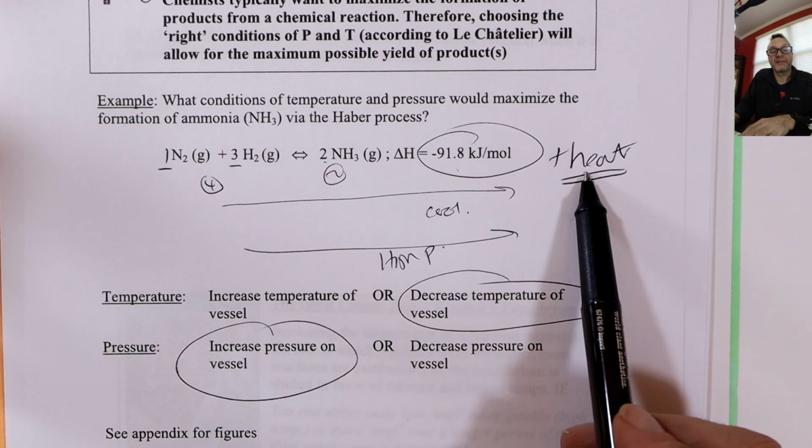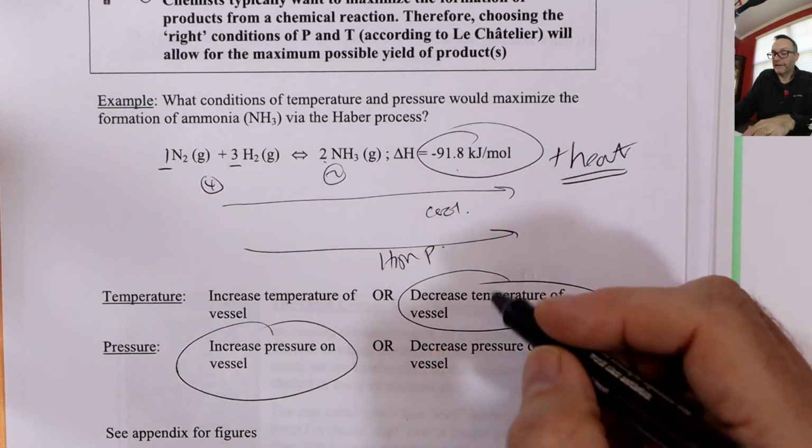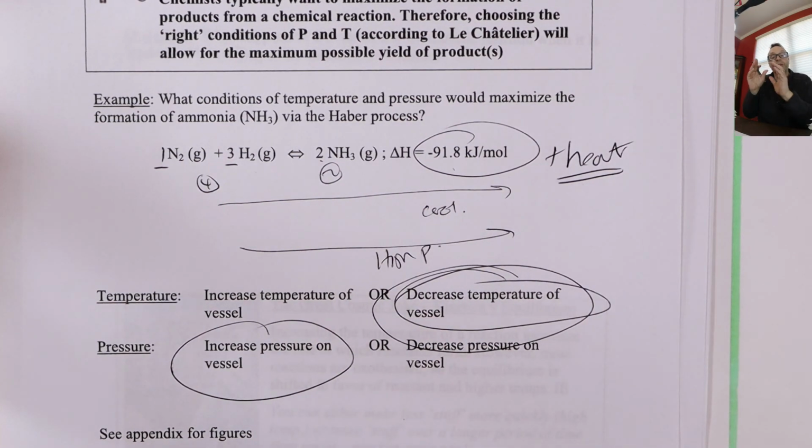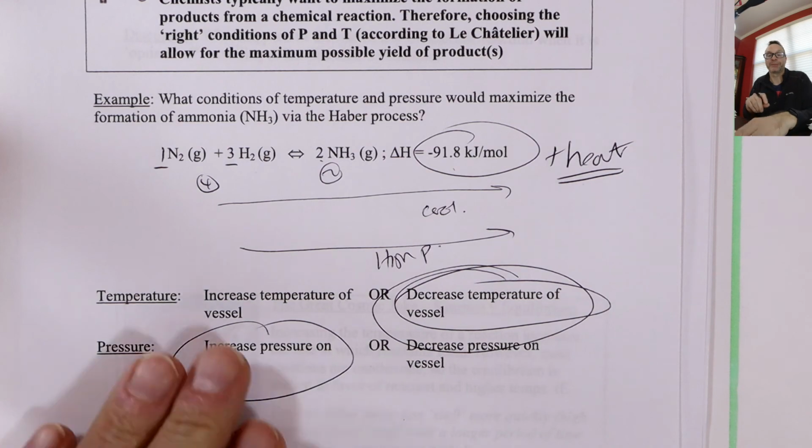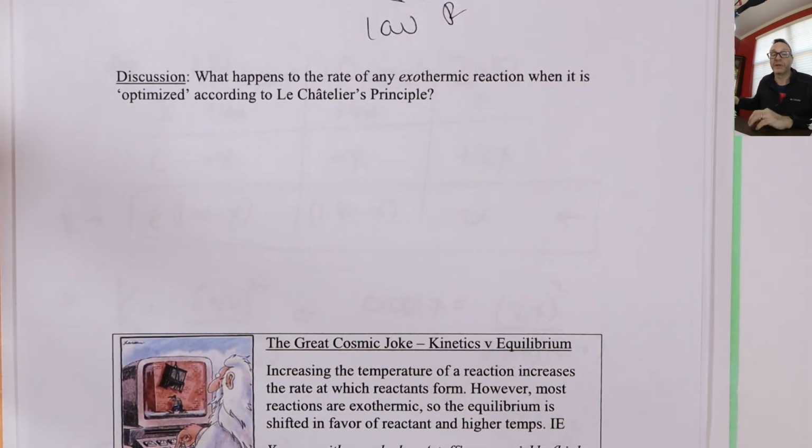So heat's a product. So if I want to get more product from an exothermic reaction, it happens at a lower temperature. But what did you just learn last week or the week before about kinetics? The lower the temperature, the slower the reaction goes. So essentially it's a catch-22, yeah?